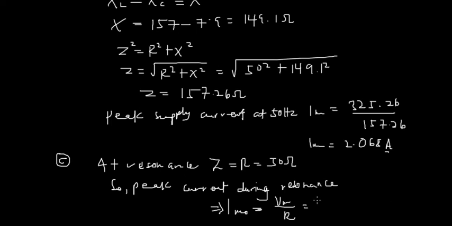So we have 325 divided by 50 ohm. When you compute this, you end up with 6.503 amps, right.